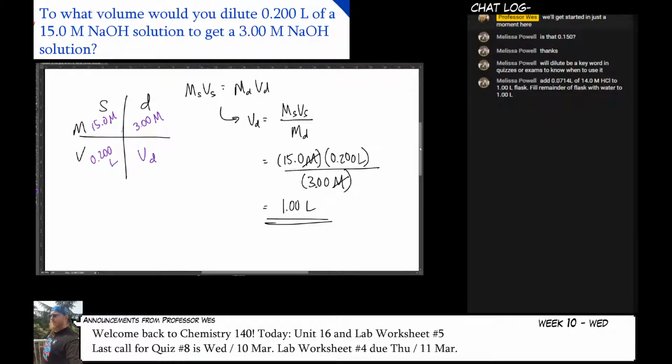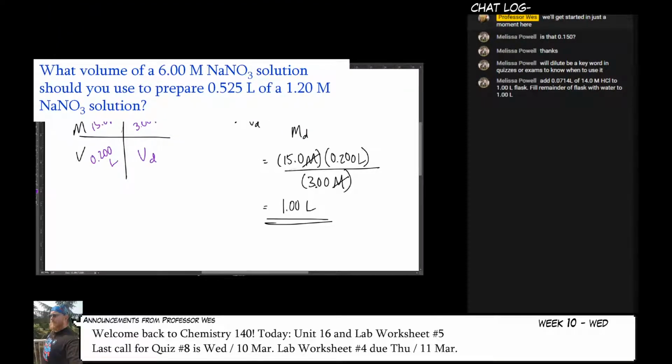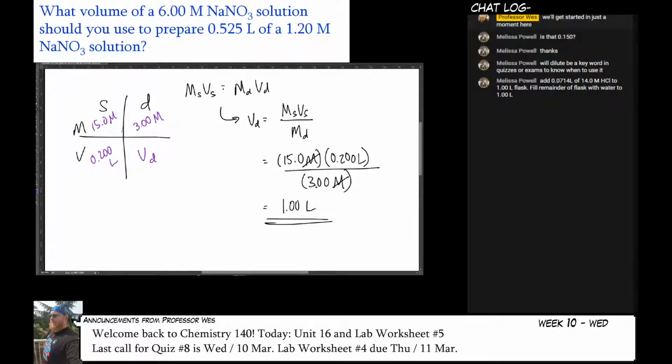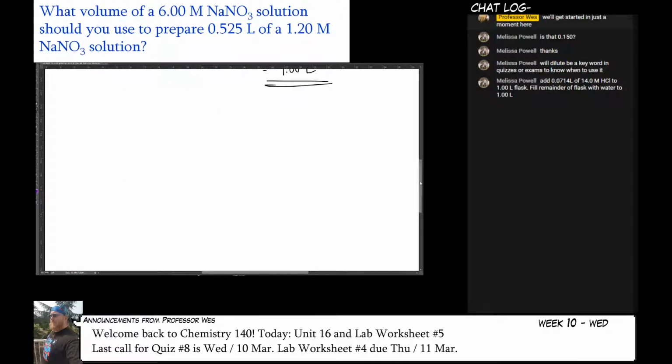Now, the question did not ask us for a procedure, so we don't need to print that. We just need to answer the question. And the second one doesn't ask us for a procedure either, so we'll just answer the question as written. So, same as before, make a grid. What volume of 6 molar sodium nitrate should you use to prepare 0.525 liters of a 1.2 molar sodium nitrate solution?